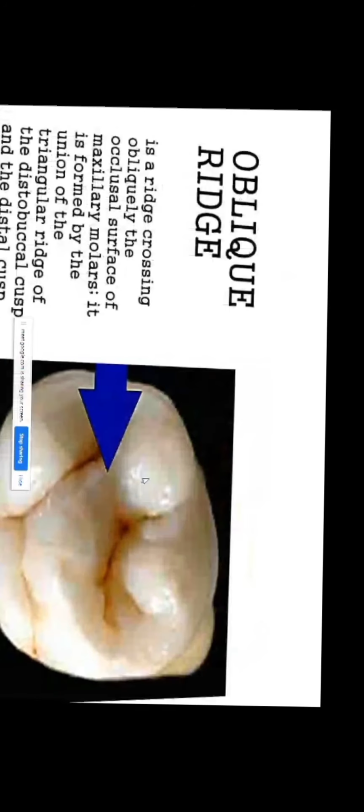Next, a fossa is an irregular depression or concavity. We have the lingual fossa, the central fossa, and the triangular fossa. Lingual fossae are shallow depressions on the lingual surfaces of incisors and canines. Meaning, the lingual fossa can only be found on anterior teeth. In which teeth can we see it?